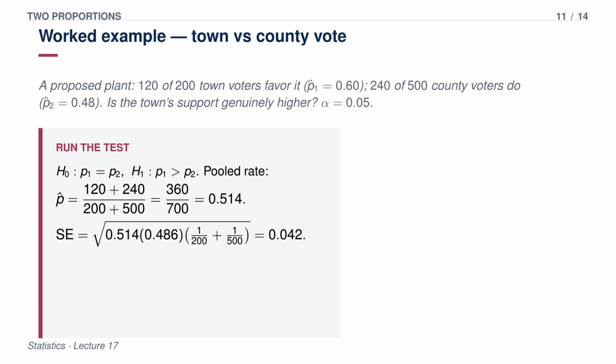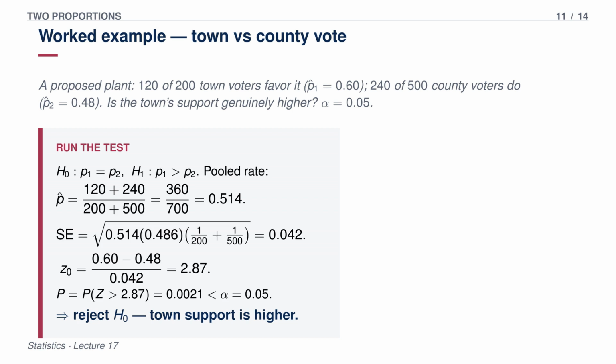Pool the rates. 120 plus 240 is 360 over 700, not 0.514. The standard error, root of 0.514 times 0.486 times 1 over 200 plus 1 over 500, 0.042.